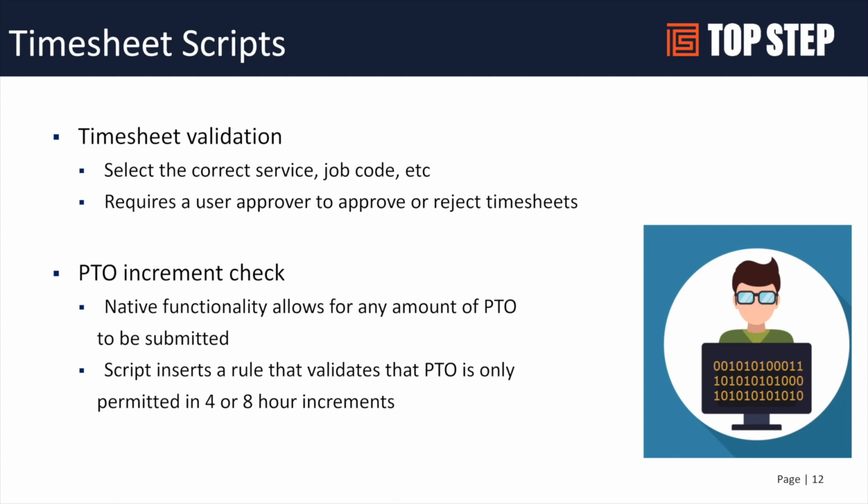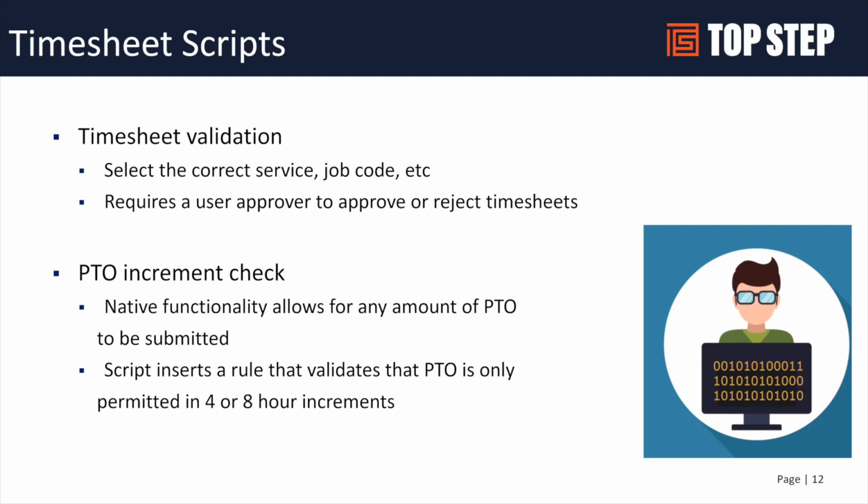And lastly, this is really not about timesheets, but more about time off. We've had customers that have a time off policy where they only allow users to take 4 or 8 hour increments. You can't request PTO for 1 hour in those environments. And OpenAir doesn't have anything to automate or enforce that process.